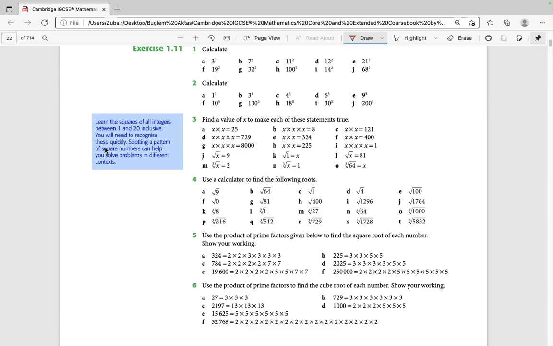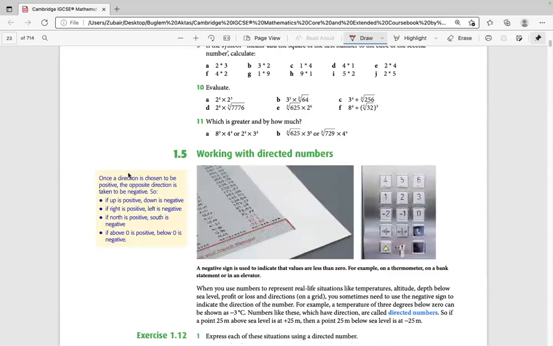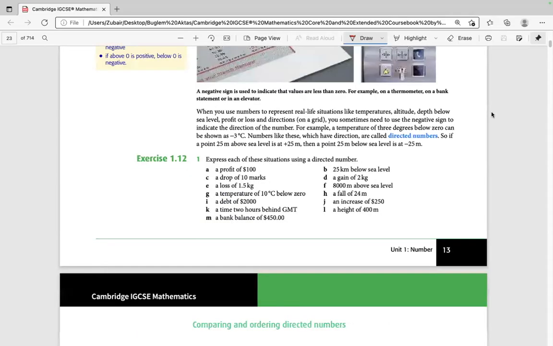I'm asking if you know these signs, less than and greater than. Yes, I do. Less than. Okay. Do you agree that this question one is done correctly? Exercise 1.12.